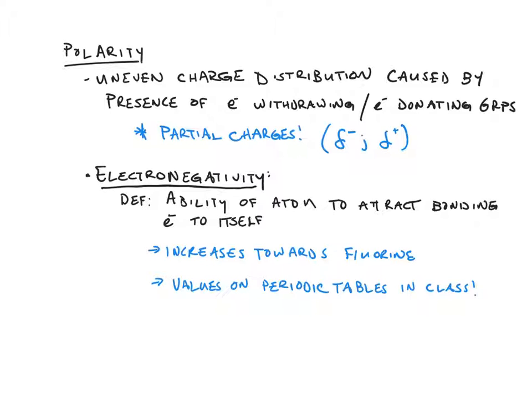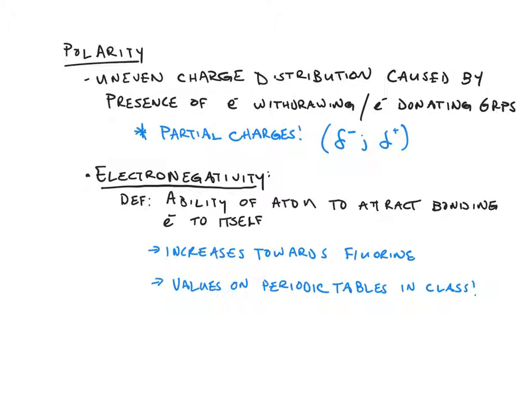Okay, so beyond that though, right? Sometimes molecules have uneven charge distribution when there's nothing there that's positively or negatively charged. And that happens through things that withdraw electrons or things that donate electrons within the system.